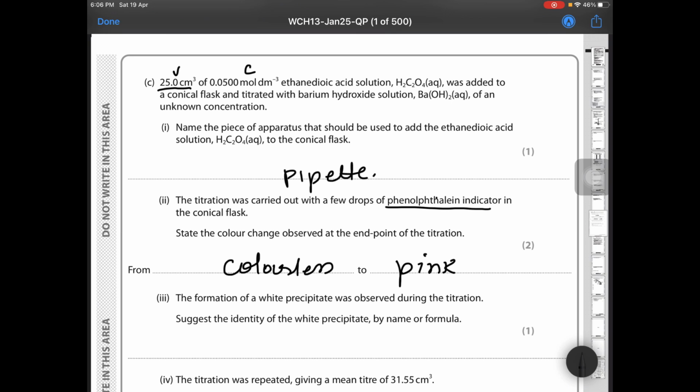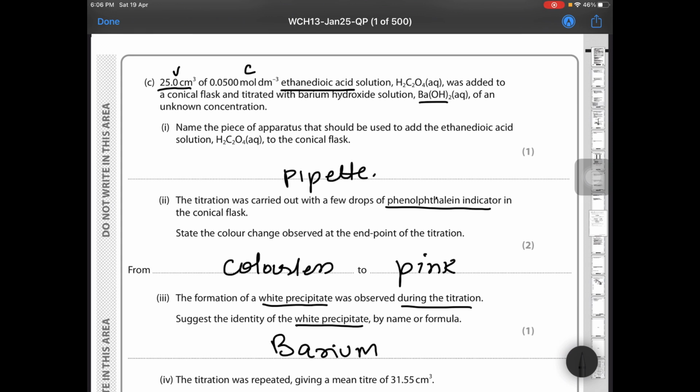Next, the formation of white precipitate was observed during the titration. Suggest the identity of the white precipitate in the formula. So ethanoic acid with barium hydroxide. So you will get barium, it's ethanoic, like remember esters, ethanoate, methanoate, butanoate, oic acid changes to oate, same thing.